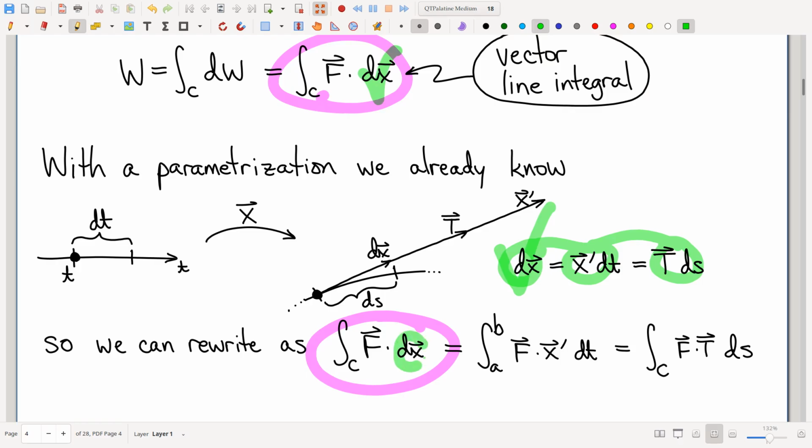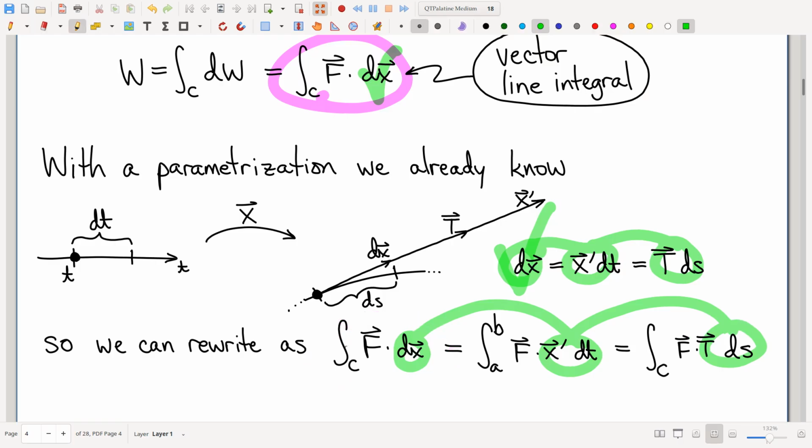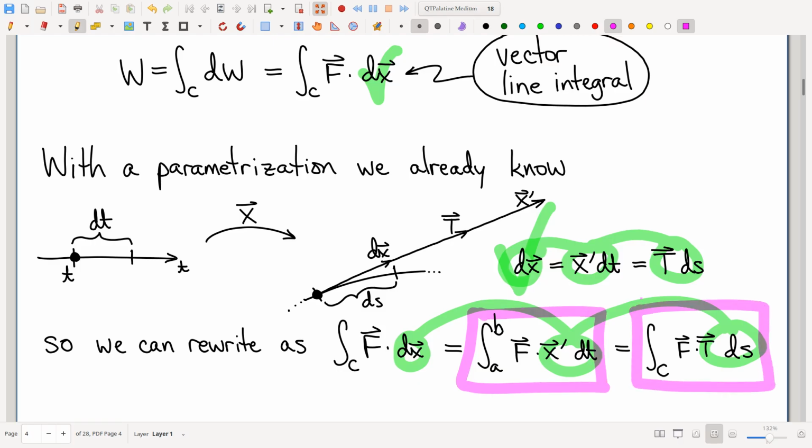And so all we're going to do is just plug those in, and very conveniently we now have 2 more perfectly reasonable ways to write what is in fact exactly that same vector line integral that we already motivated. All right, you all right? Is that good?